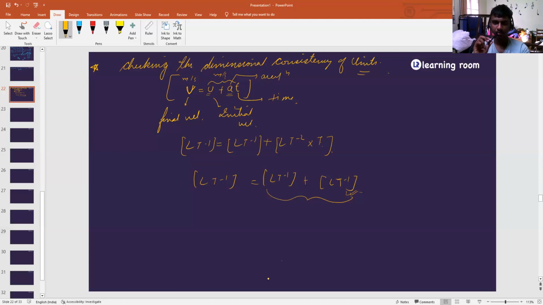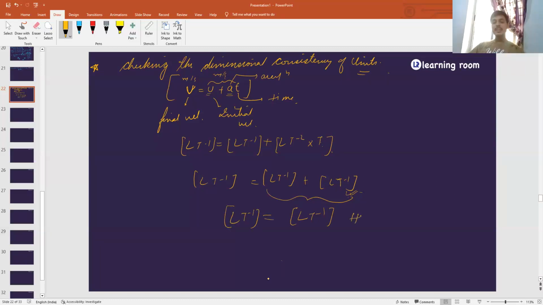No, sir. That means adding 2 quantities leaves the same unit, right? So if you add 2 velocities, the resultant will only be a velocity. So instead of 2 LT minus 1, I can write 1 LT minus 1. So left hand side equates with right hand side. Hence, this equation is consistent. That means it is correct. Understood? This is how we check the consistency of an equation. Got it or not? Write it down, everyone.